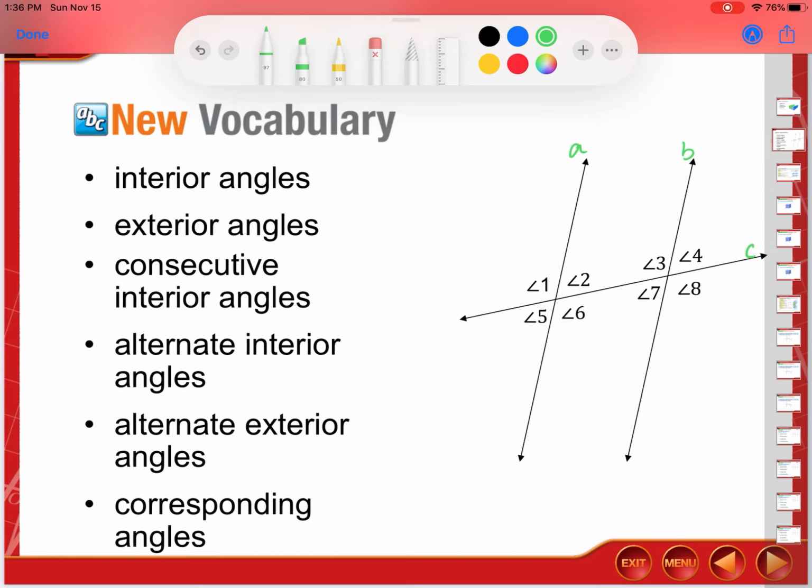It intersects both of them. 2 or more. You could have a transversal that cuts across 50 lines. It doesn't really matter. As long as there's 2 or more that it's intersecting, then we can call it a transversal.